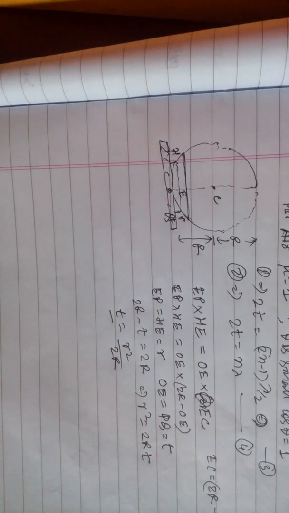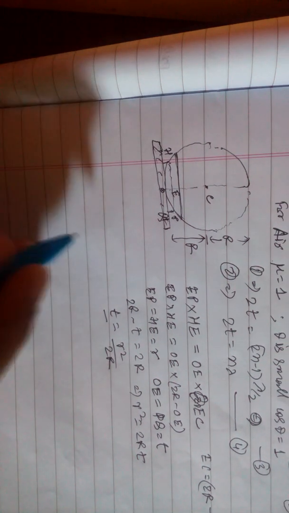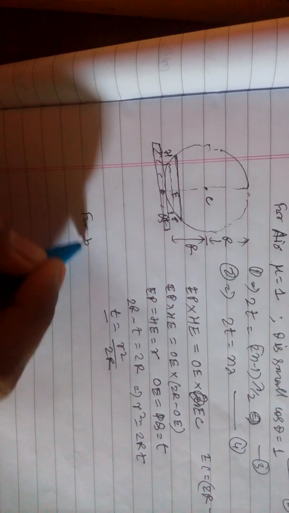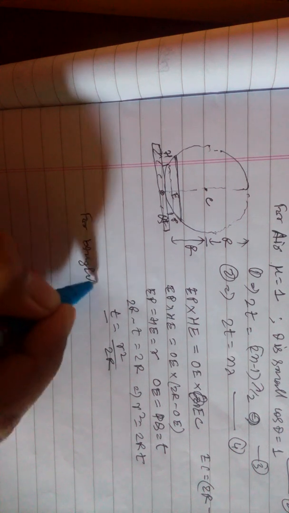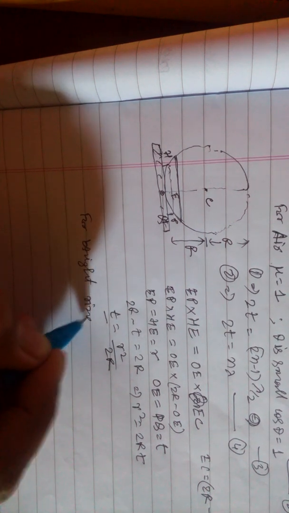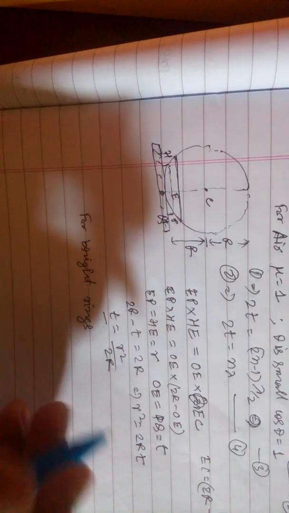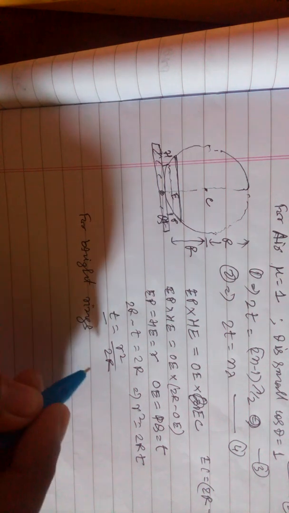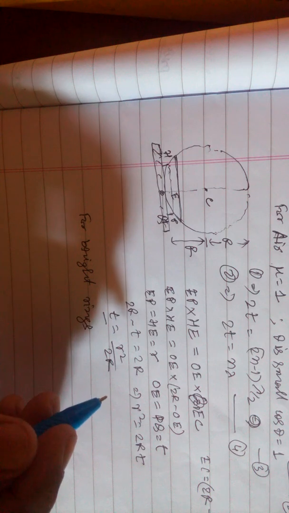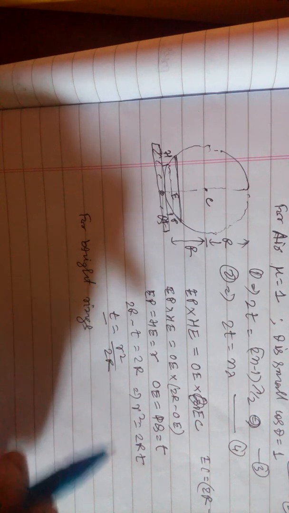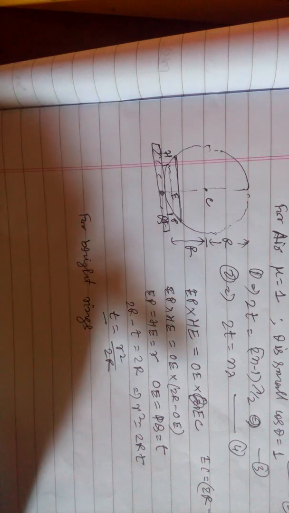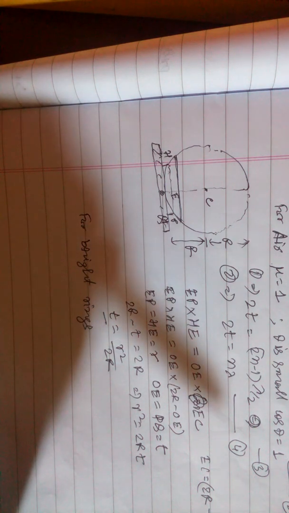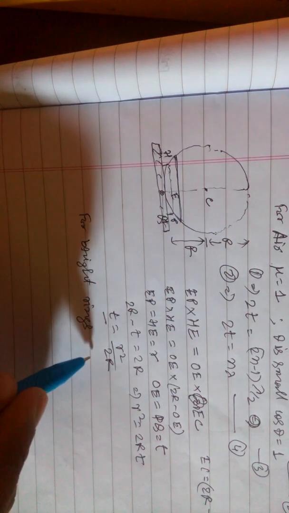For the radius of bright rings, we can put this t value in this equation.